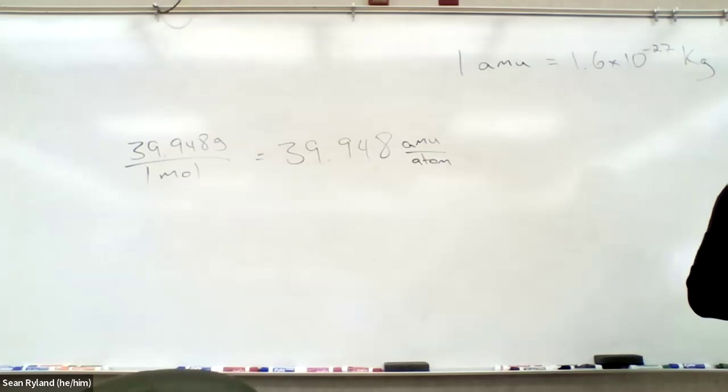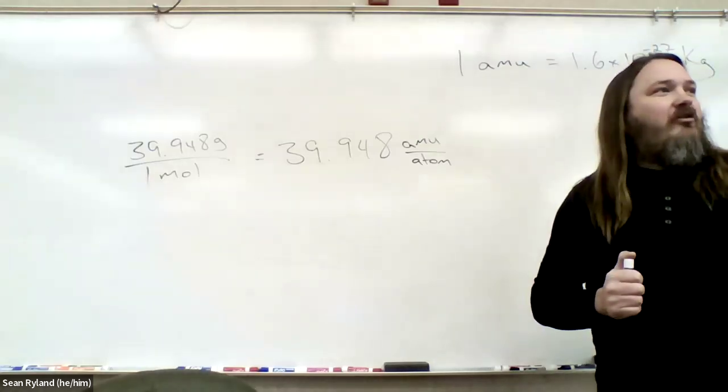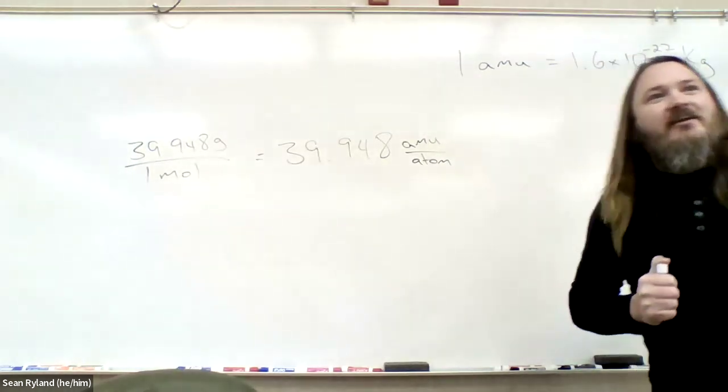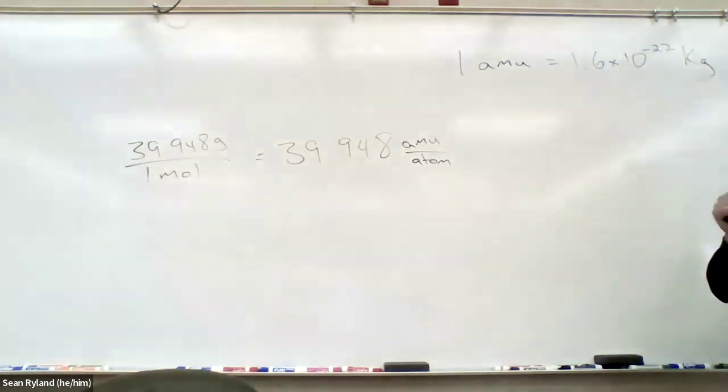What are our 3 subatomic particles that we care about? Protons, neutrons, and electrons. Are there more than that? Maybe. Has anybody heard of anything smaller than protons, neutrons, and electrons? Quarks. Yeah, quarks are actually a subatomic particle. Protons and neutrons are made up of quarks.